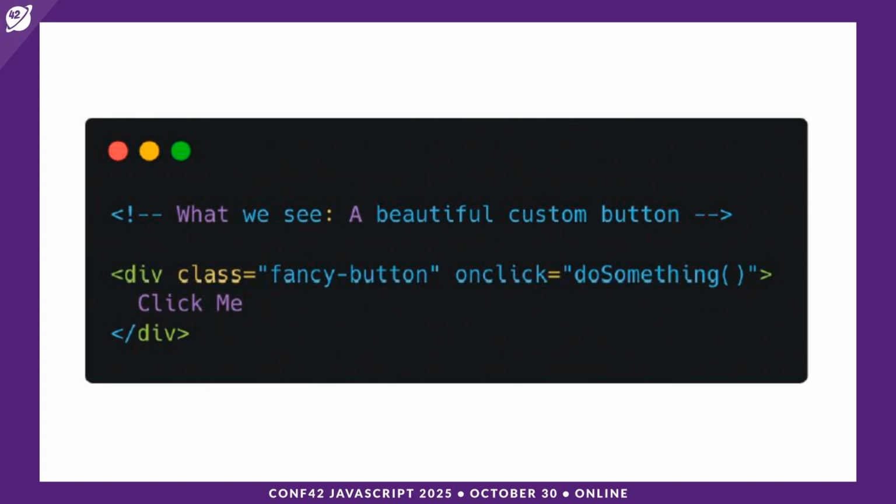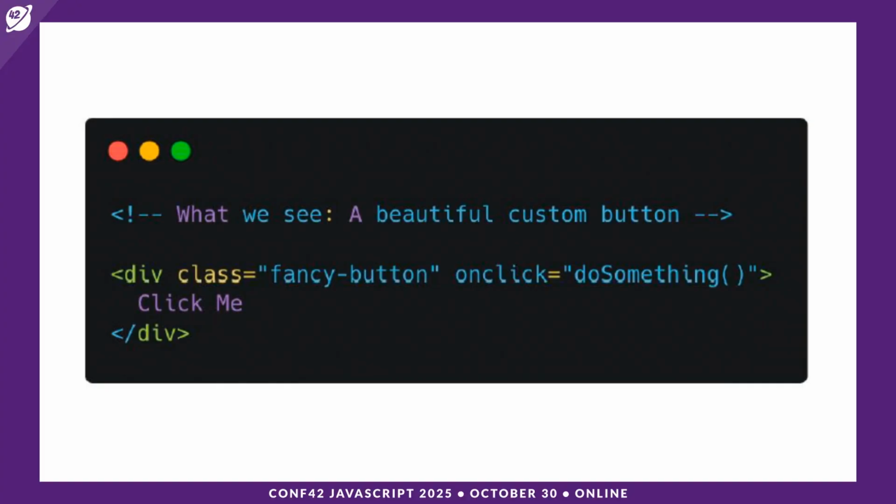A screen reader has no idea if it's actually a button. It doesn't know what happens when you click it. It just knows that there's something clickable there. And that's the gap between what we see and what assistive technology understands. That's the real problem ARIA helps to bridge.